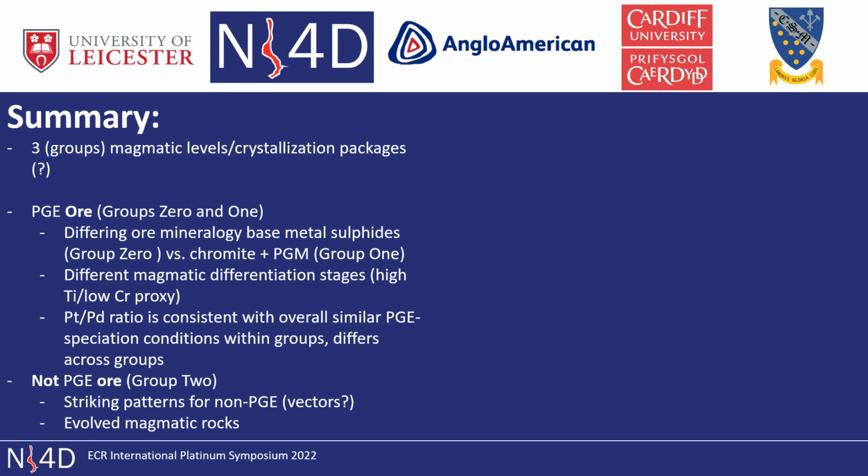The differential mineralogy, with Group 0 possibly representing base metal sulfides, meanwhile Group 1 represents chromitites with PGM, platinum group minerals. They represent different magmatic differentiation stages as shown by high titanium and low chromium proxies. The platinum-palladium ratios are consistent with overall similar PGE speciation conditions within groups, but differ across the groups. Group 2 is definitely not reef, that's easy to tell.